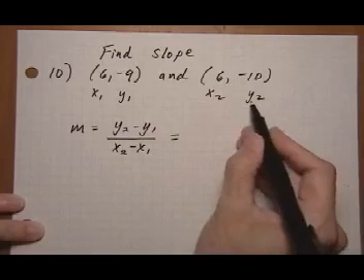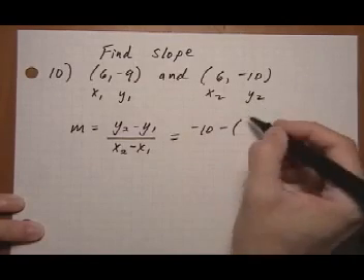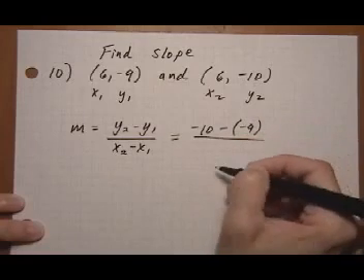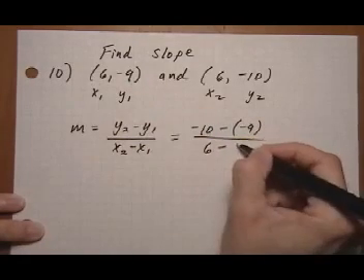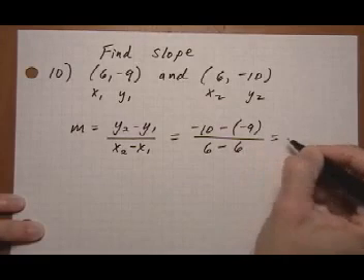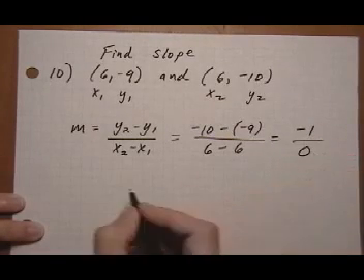Plugging in the values, we get y2 is minus 10, take away y1, minus 9, all over x2, which is 6, take away x1, which is 6 again, and that equals minus 1 over 0.